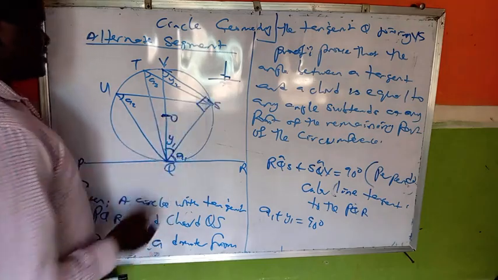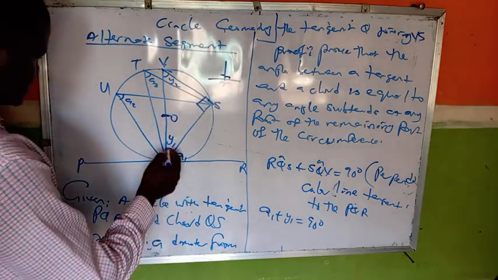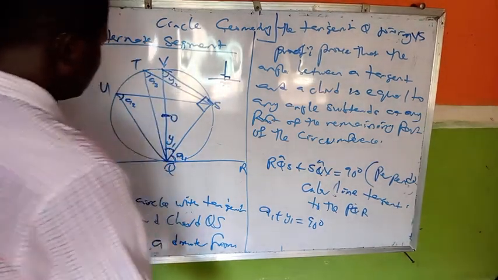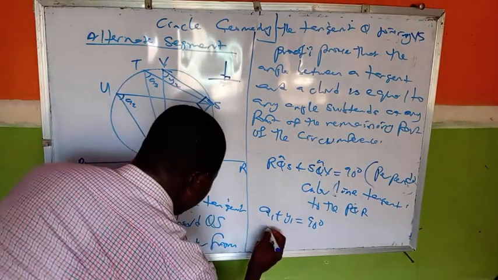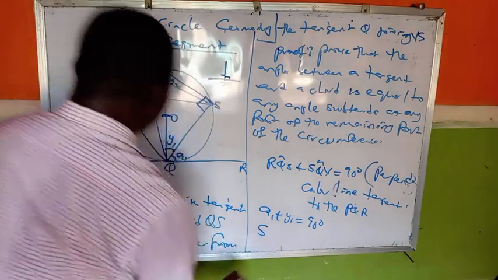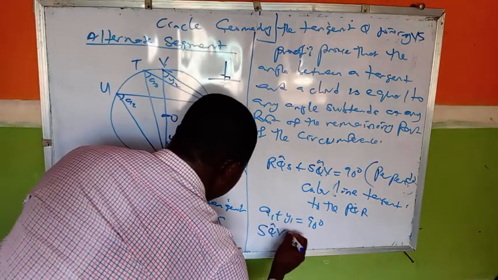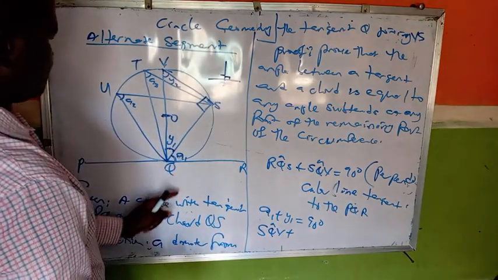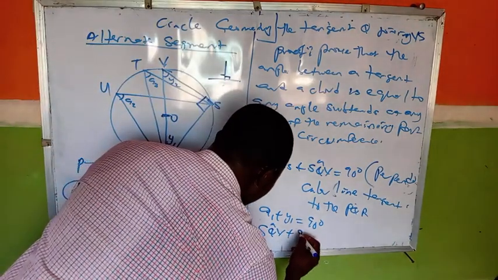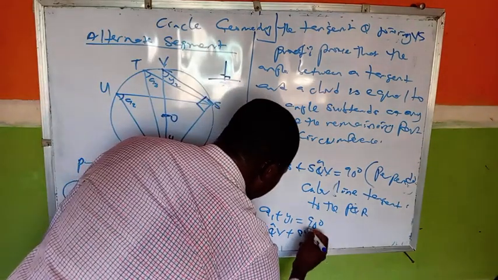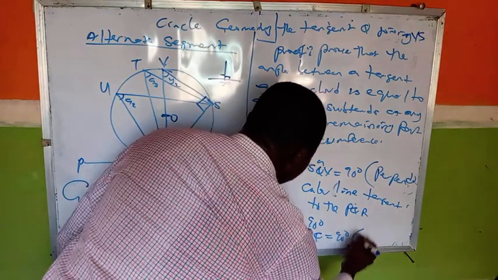Since this is 90 degrees, it means y1 plus y2 equals 90 degrees.